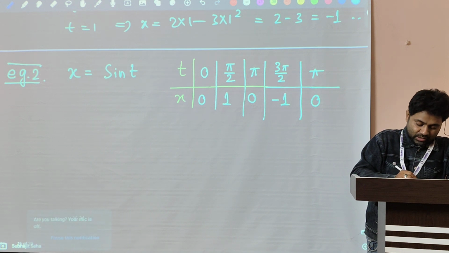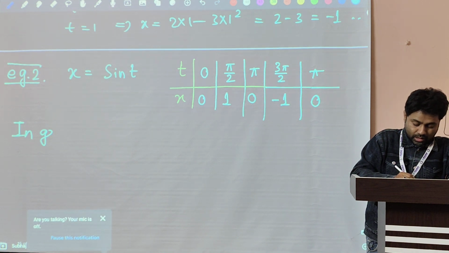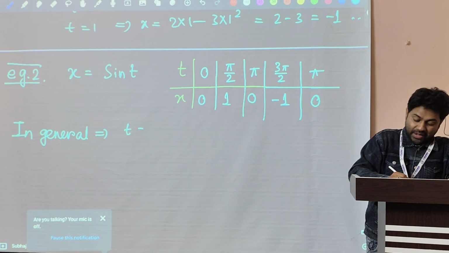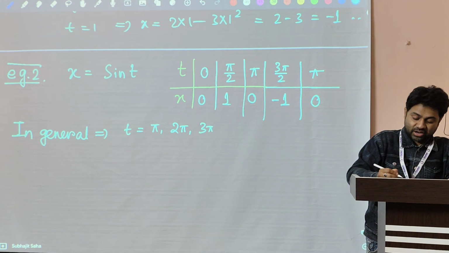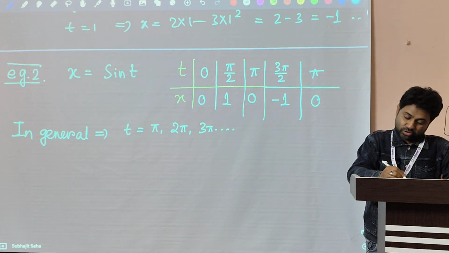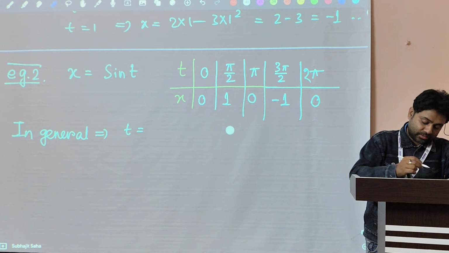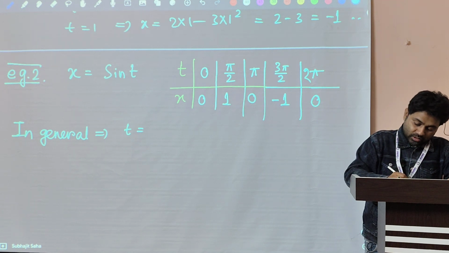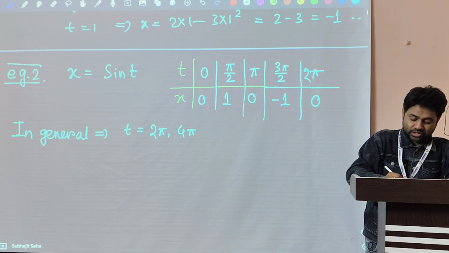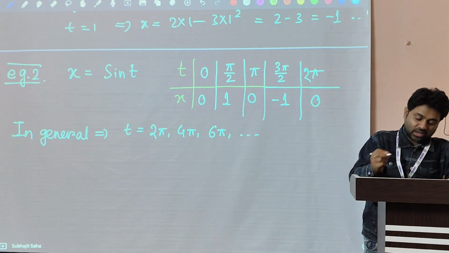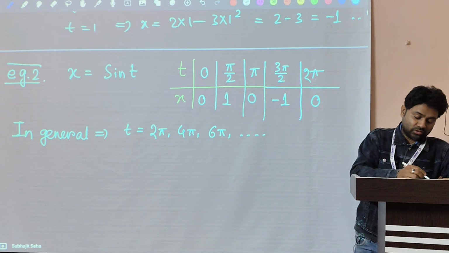In general, you put t equal to 2 pi or 4 pi or 6 pi, etc, etc. Oops, sorry, it would be 2 pi, very sorry. So you have to put the values like this, 2 pi, 4 pi, 6 pi, etc. Every time you will get the value of 0.